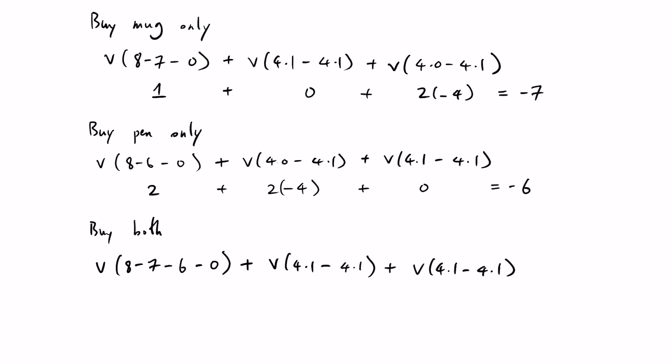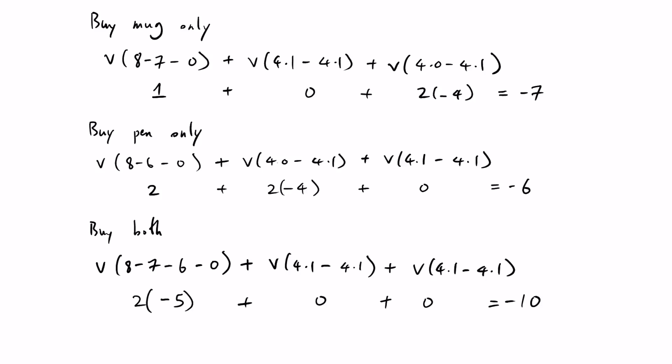So that's 8 minus 13, right? That's negative 5, and because this is in the loss region, you have to multiply by 2. He gets the mug that he expects, he gets the pen that he expects, but he's spending so much money that he is very deep in the red. Negative 10.